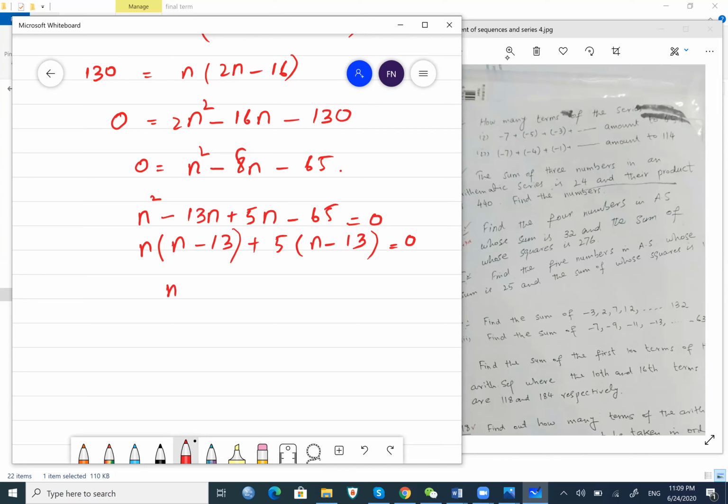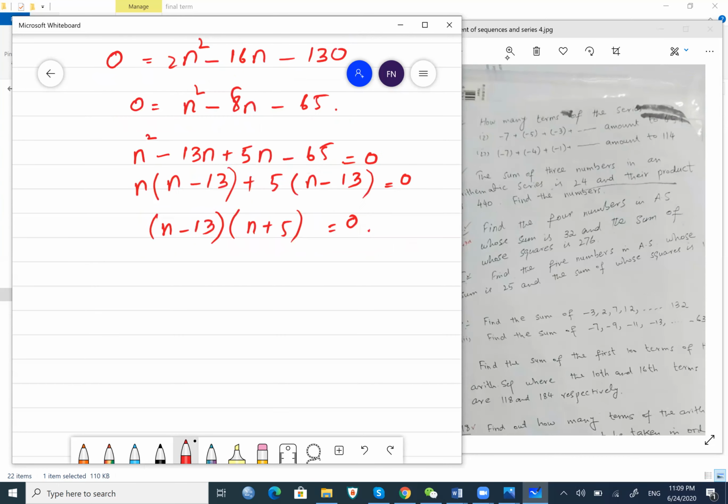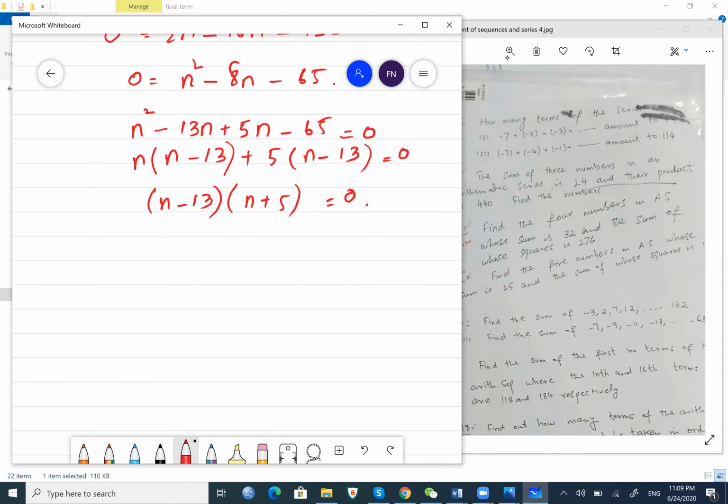Furthermore we can take out this term and we are left with n plus 5 equals 0. In that case, when the product of two terms equals 0, either the first one is 0 or the second one is 0. So if n minus 13 is 0 or n plus 5 equals 0, from here we can get n equals 13, and from here we get n equals -5.